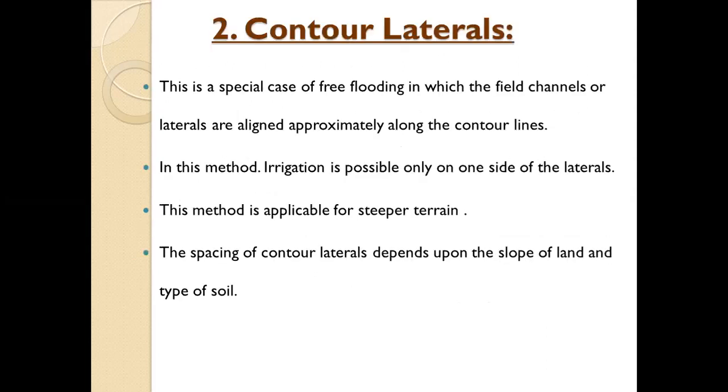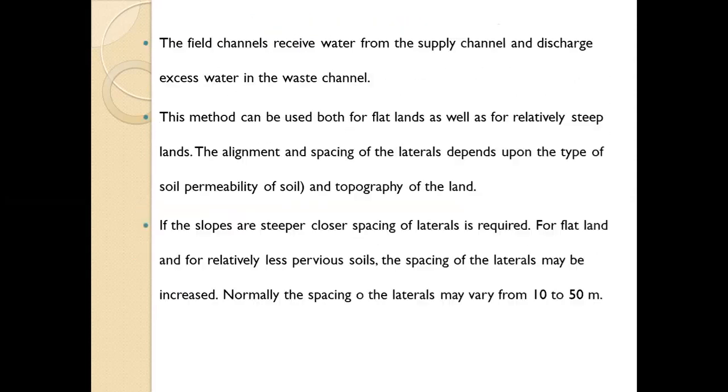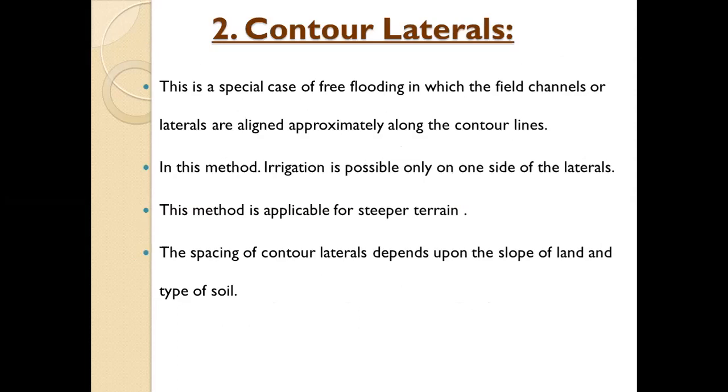The second one is contour laterals. This is a special case of free flooding in which the fill canals or laterals are aligned approximately along the contour line. In free flooding, irrigation is possible on both sides of the laterals, but in contour laterals, irrigation is only possible on one side.